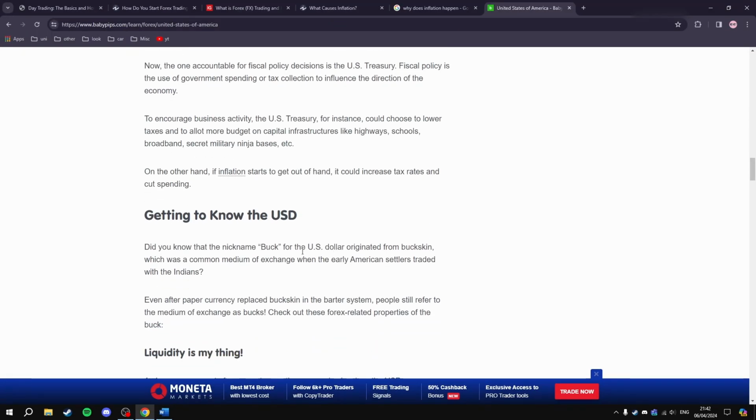Now, the one accountable for fiscal policy decisions is the US Treasury.